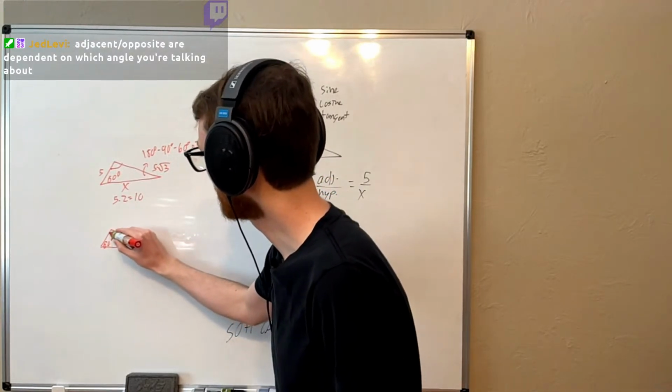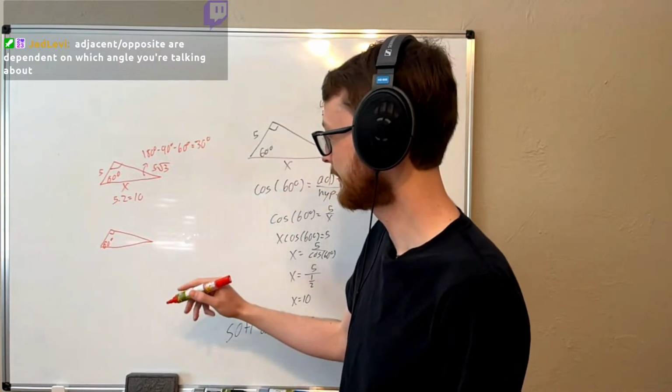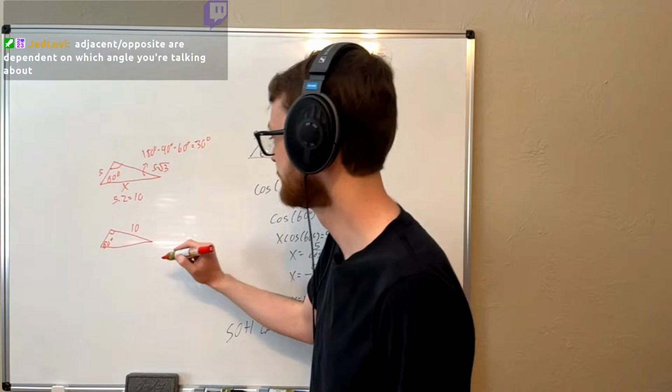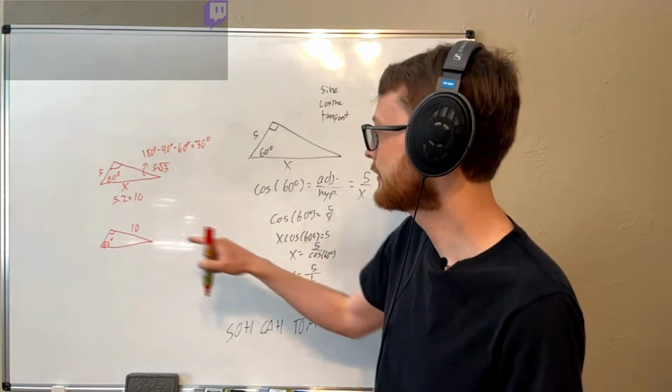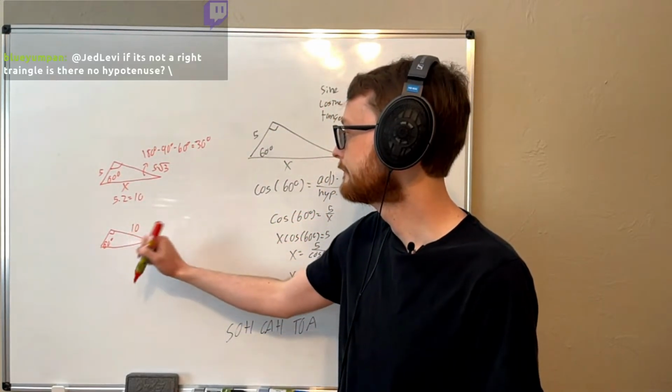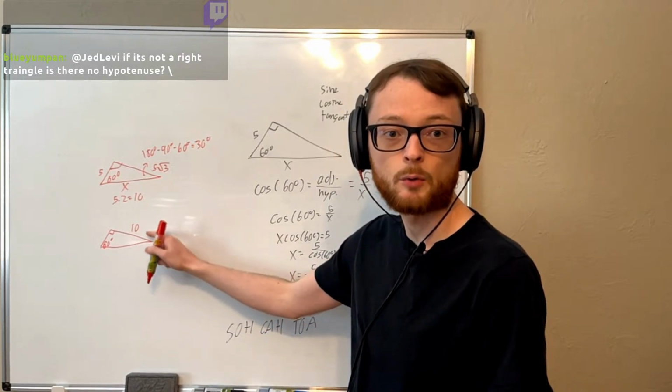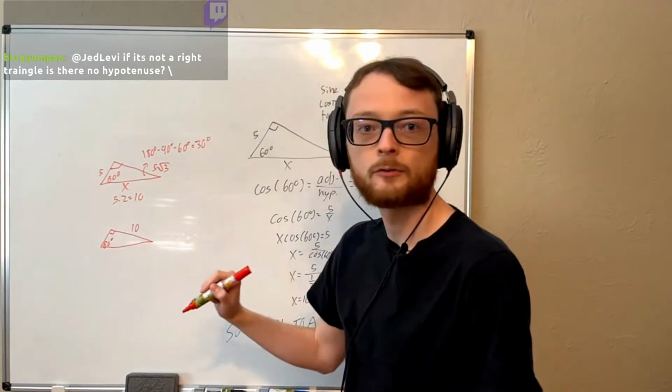Say you have the same situation, but instead you have just, call it 10. Here this 10 is the long side, and we know it's the long side because it's across from the 60-degree angle.